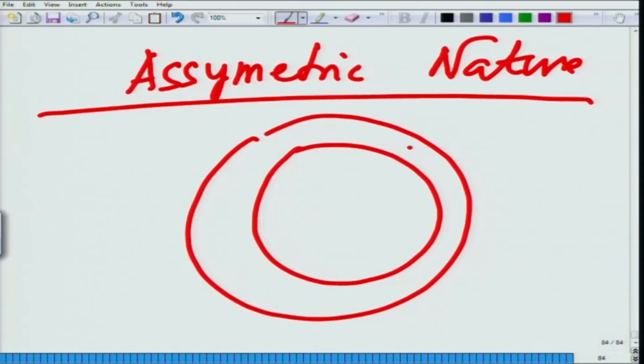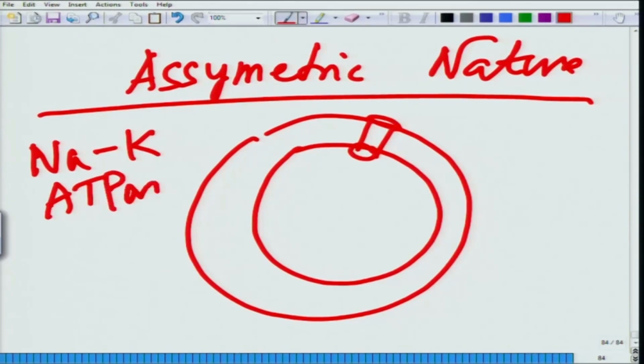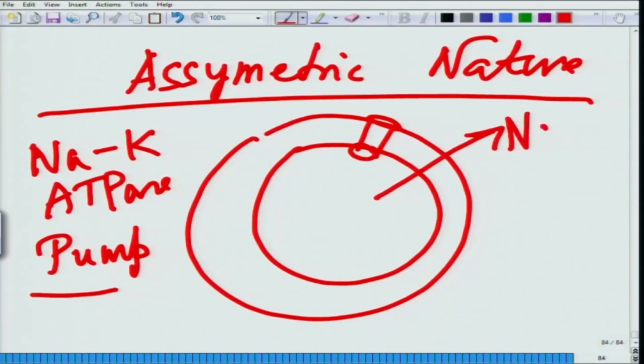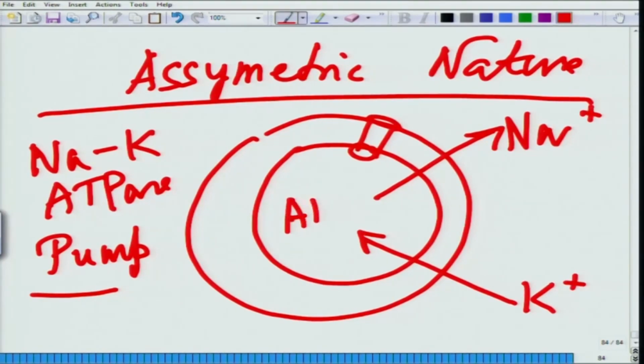There are certain pumps, and one of the major ones is called the sodium potassium ATPase pump. This pump has the ability to throw sodium outside the cell and take potassium inside the cell, and it only does this when ATP is present inside the cell. Always remember, ATP has to be present inside the cell. This is the membrane I draw, and this is the pump.